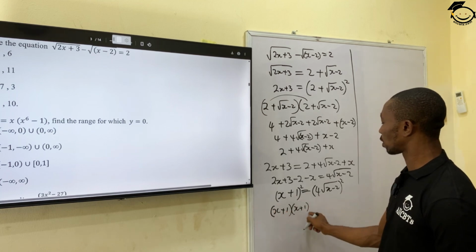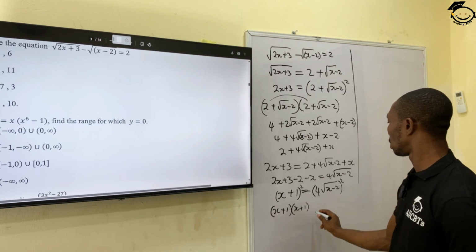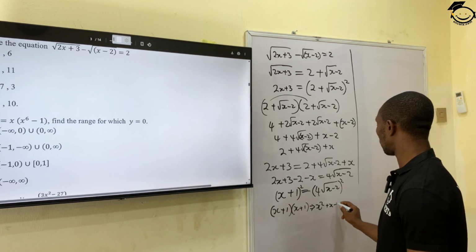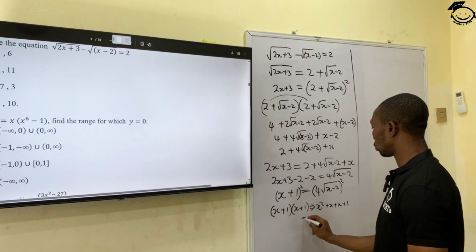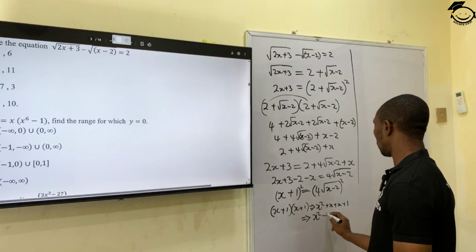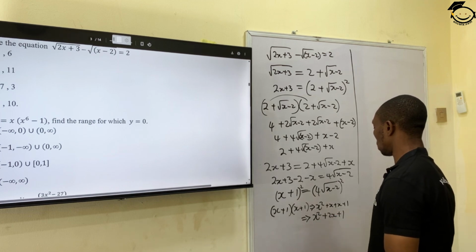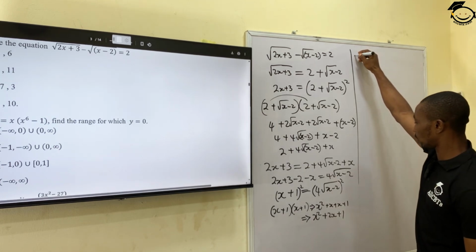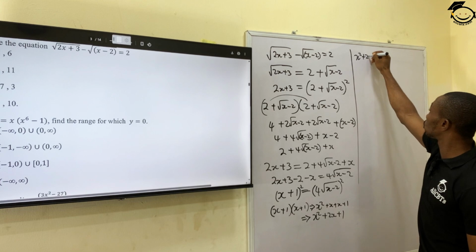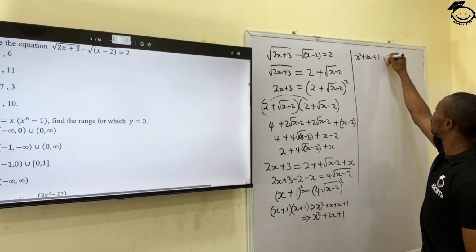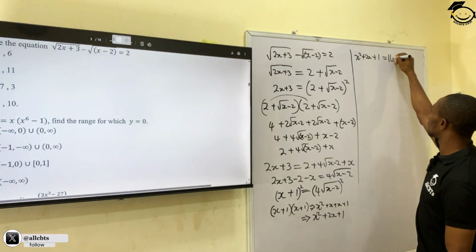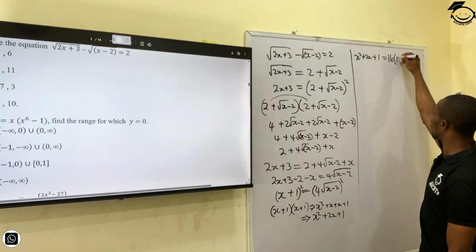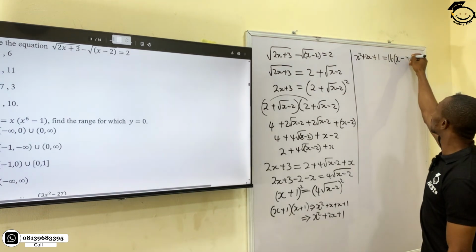Now expanding this, we have x squared plus x plus x plus 1, which gives us x squared plus 2x plus 1. Now we rewrite it as x squared plus 2x plus 1 equals 4 squared is 16, and the square root squared leaves us with x minus 2.